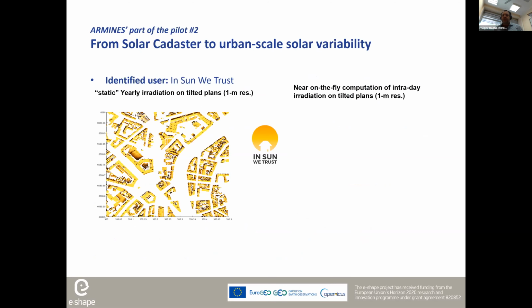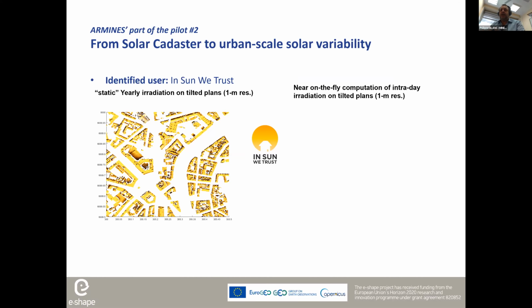For the ARMINES part in pilot 2, we are starting from what already exists, which is a solar cadastre. This is the solar cadastre provided in an operational way in France and in Spain, by INS and WeTrust.